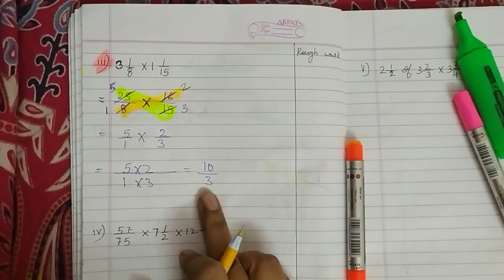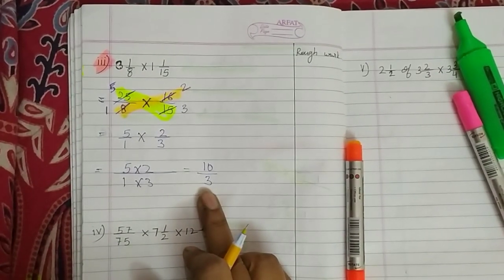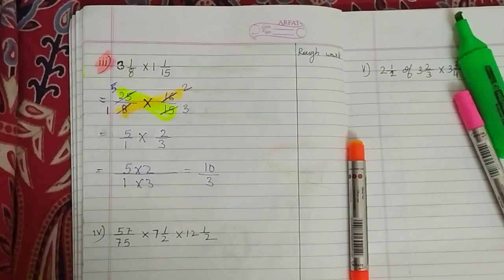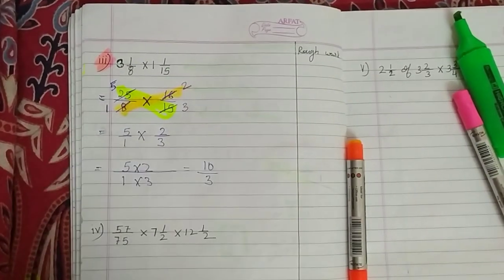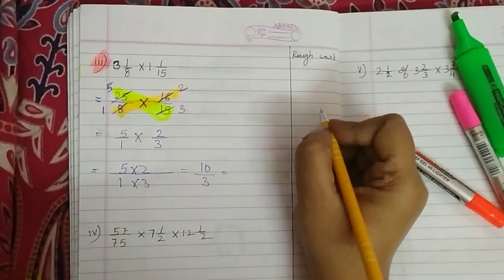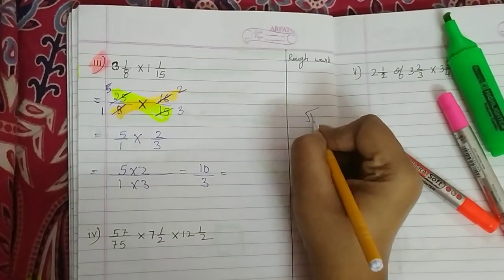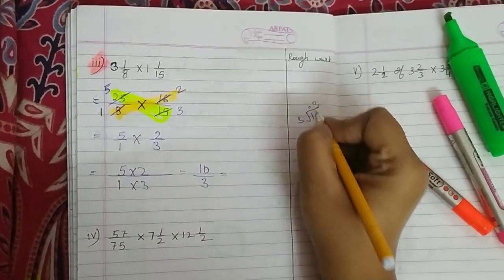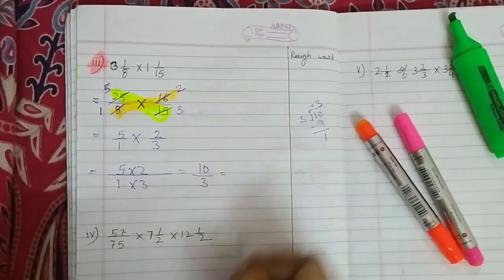Now, this fraction is an improper fraction. So, what do we have to do? We have to bring this fraction into mixed fraction. Yes. So, divide numerator 10 by denominator 3. How many times? 3 3s are 9, remainder 1. Yes.